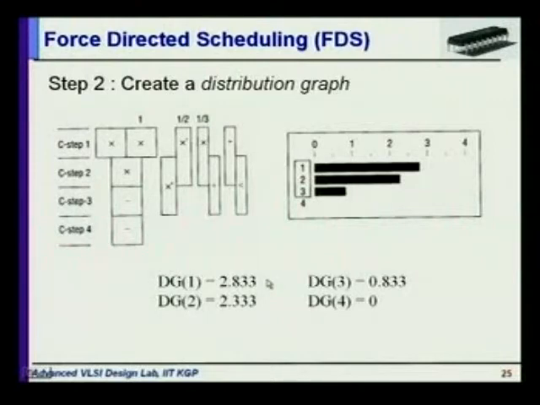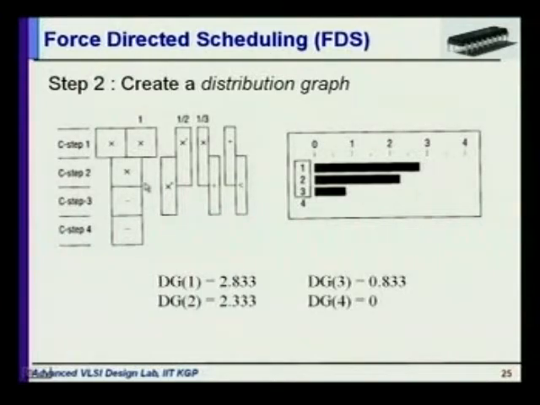What does it mean? It means you need at least 3 multipliers to execute these operations within the specified 4 time steps. This is the maximum number of functional units that you require. Now you have to decide how to reduce this value.